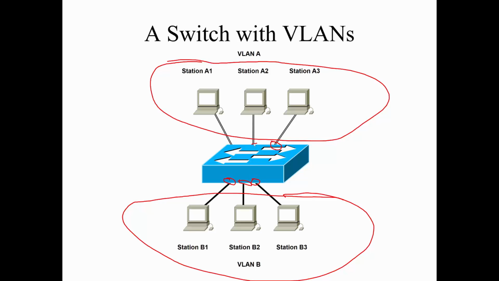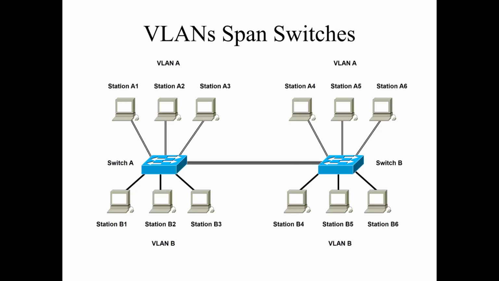These are all part of VLAN A's ports, and they will act as logically two separated switches. We can span that between, again, multiple switches. This in between is called a trunk. It will actually act as a bridge between. So this will carry both VLAN B and VLAN A's traffic back and forth.